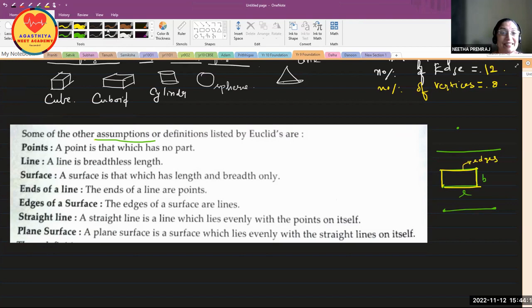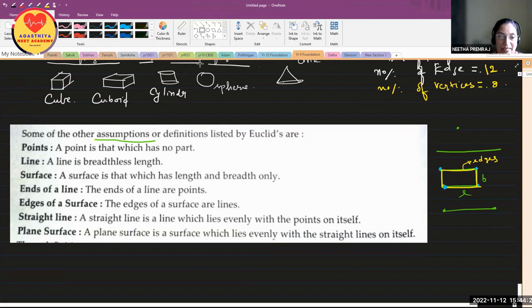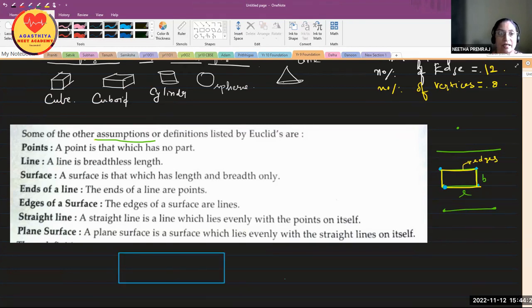Whereas, what about this? If you take a rectangle, this is a rectangle. And what about this? Surface. Very good. This is called surface.